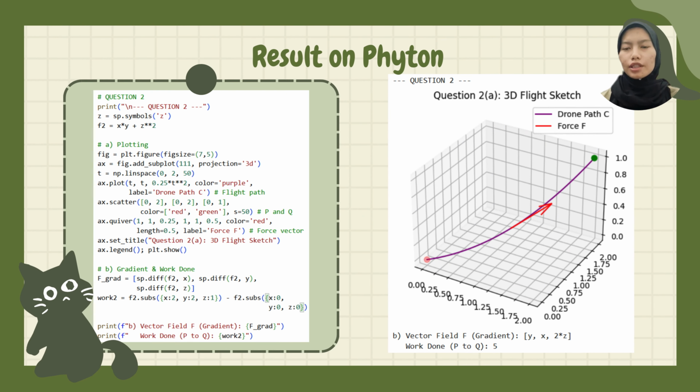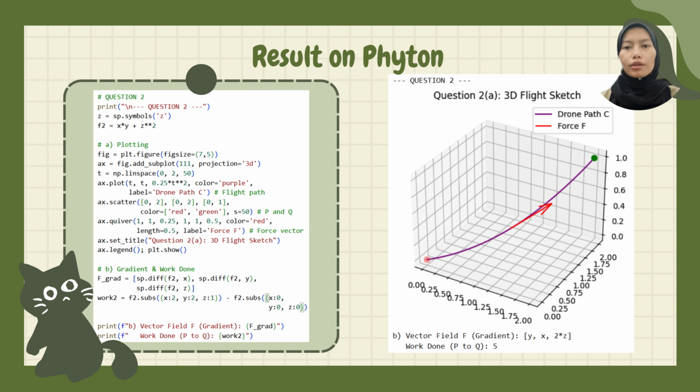For the second question, we transition into three-dimensional space to simulate a drone flight through a wind force potential field. The visualization illustrates a small 3D parabolic trajectory from the origin P (0, 0, 0) to the landing pad Q (2, 2, 1).